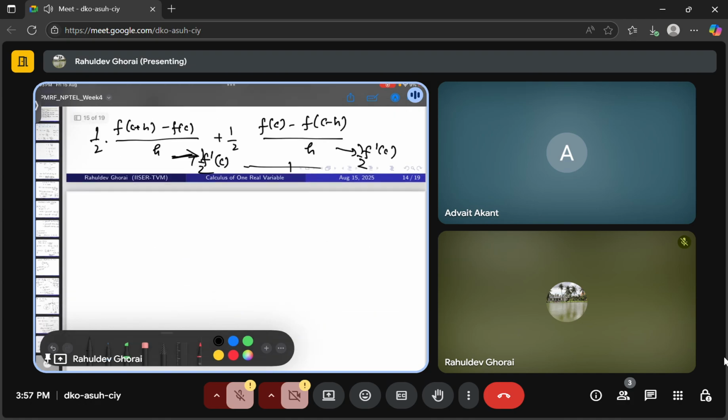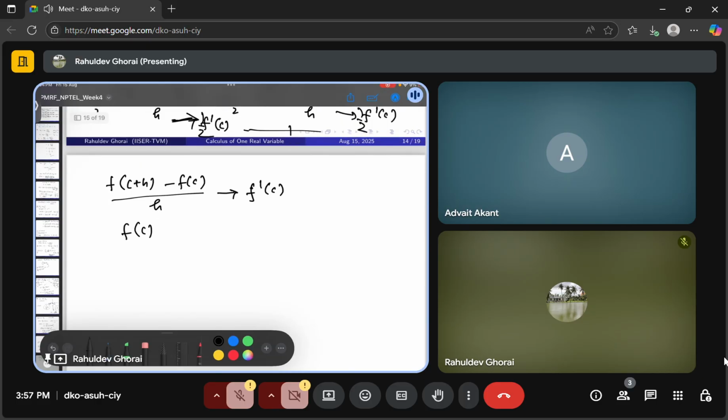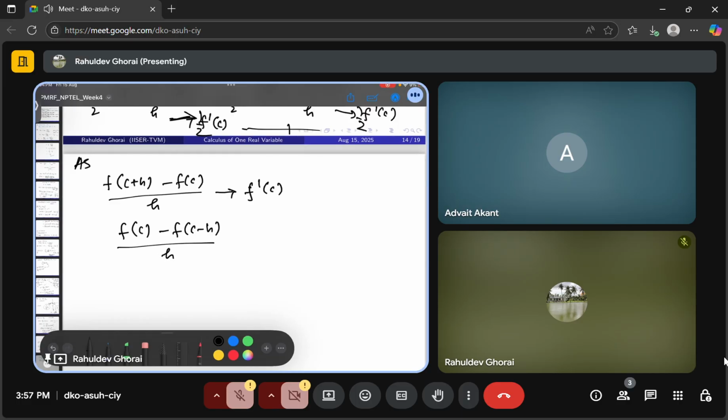So by seeing here, f(c plus h) minus f(c) over h, if the function is differentiable, will converge to f prime c, and f(c) minus f(c minus h) over h as h tends to 0 will also converge to f prime c.